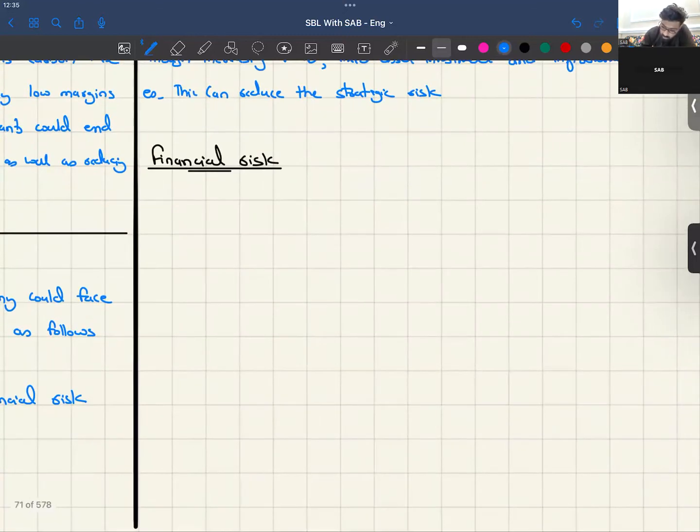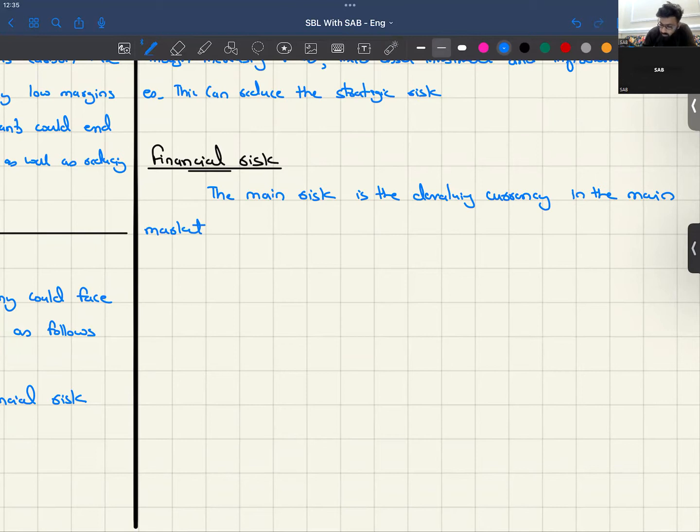So the main risk is the devaluing currency in the main market into which DCS sells its products, right? A weakening currency.